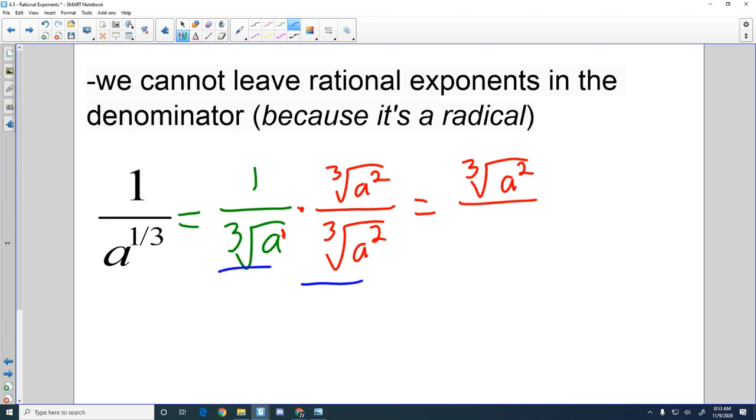When we combine those, we get the cube root of a cubed, which just turns into an a because the index and the exponent cancel each other out. The third root of a to the third is just an a.